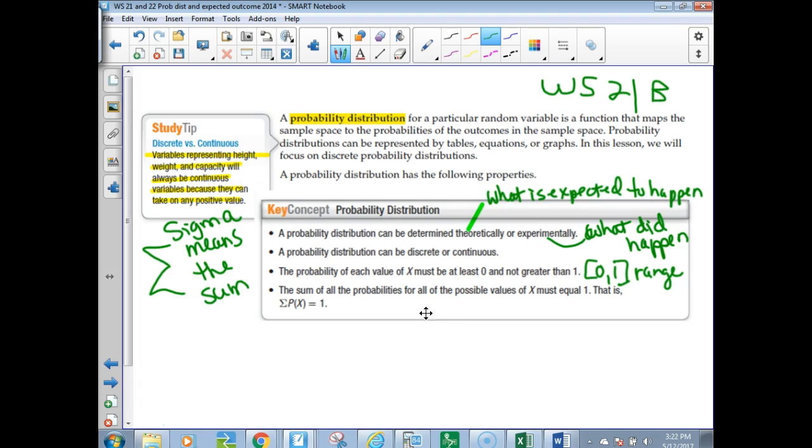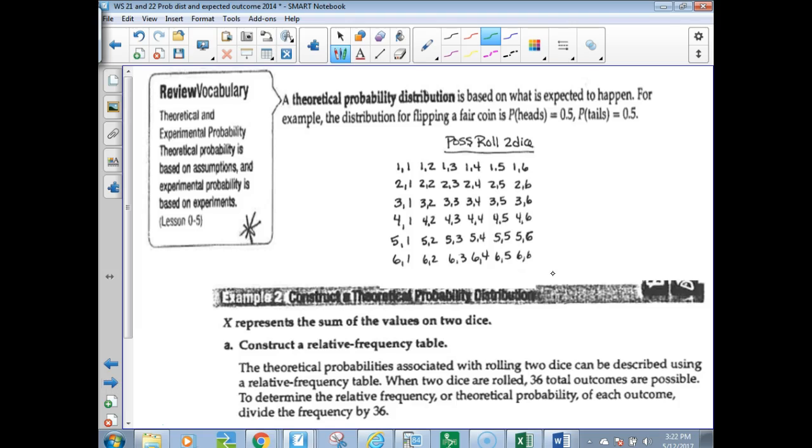Okay, so let's try an example. Remember when I made the sample space of the roll of 2 dice the other day? How many were there in all? Yeah, 36 possible outcomes. That's your sample space.